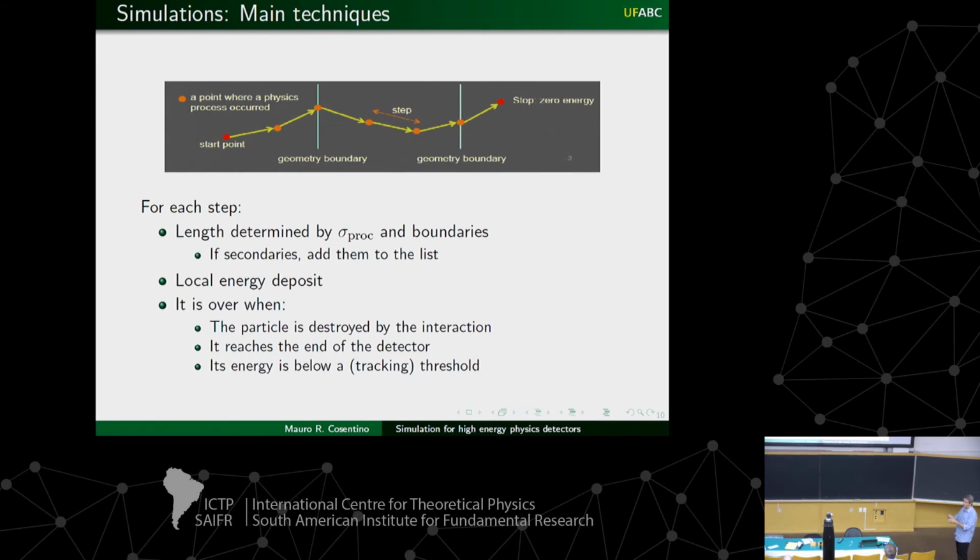Let's say the photon was destroyed: it creates an electron-positron pair, and then it dies. There is no more photon, so it stops for that photon. Or it reaches the end of the detector. The detector ends here, and there's no point in simulating after that, so it stops for that particle.